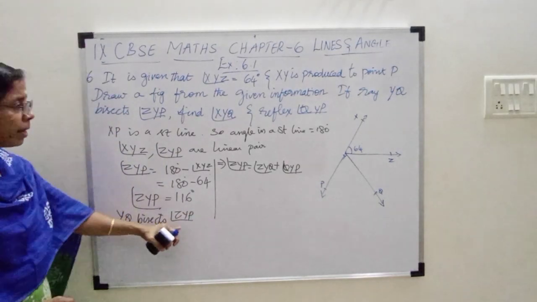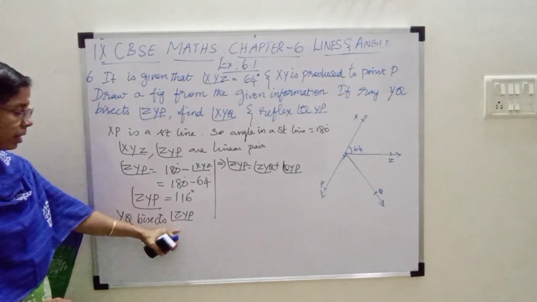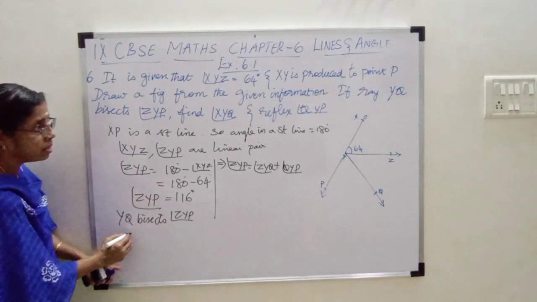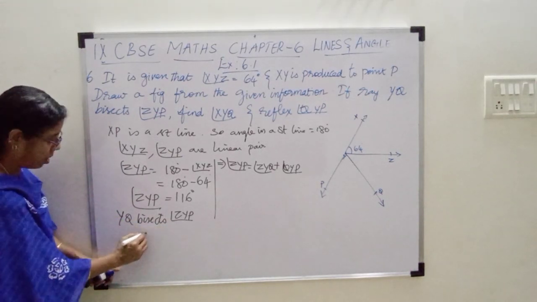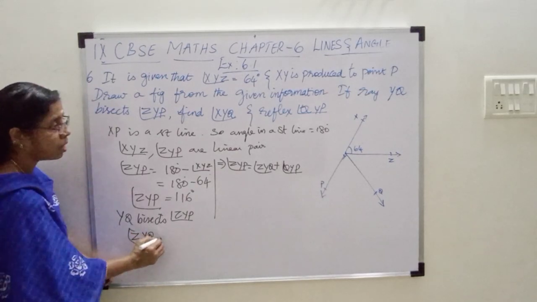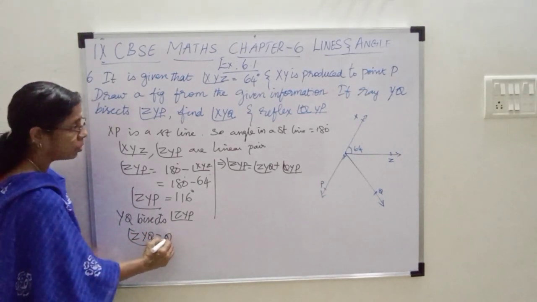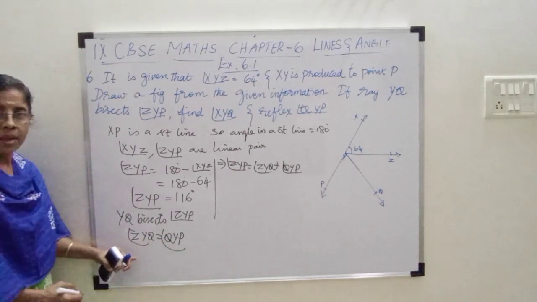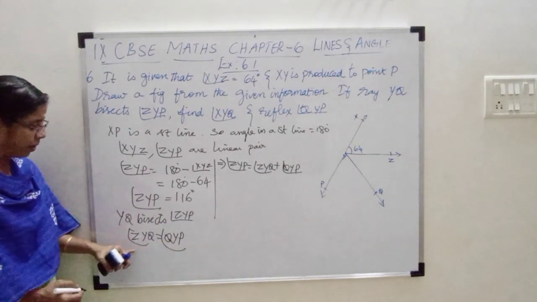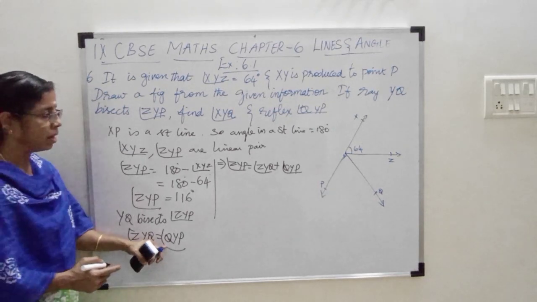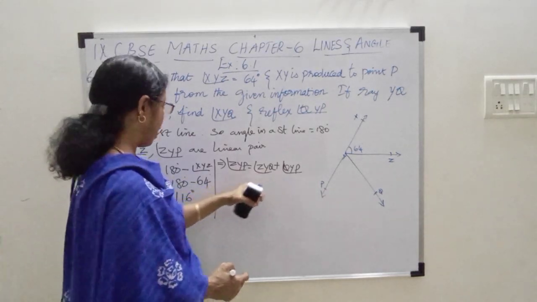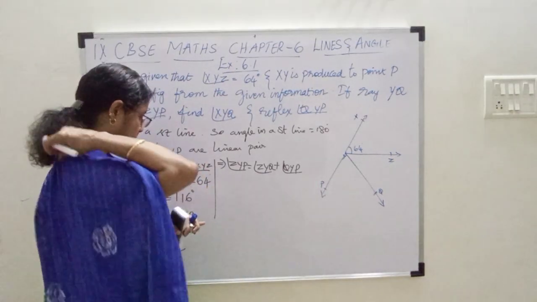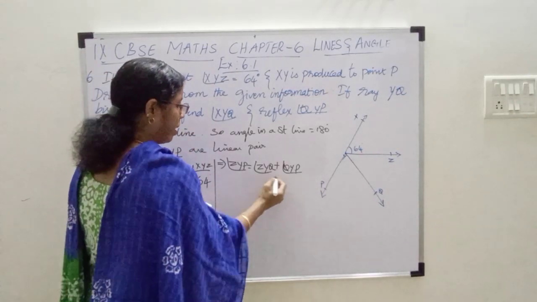Since YQ bisects the angle ZYP, angle ZYQ is equal to angle QYP. These two angles will be equal. That is, the angle will be divided into two equal parts.